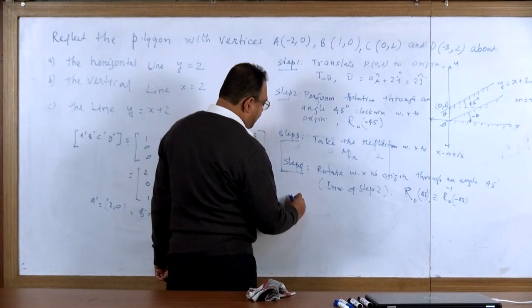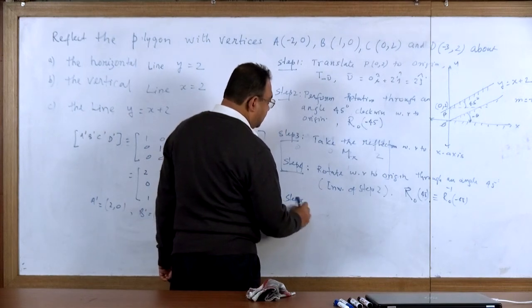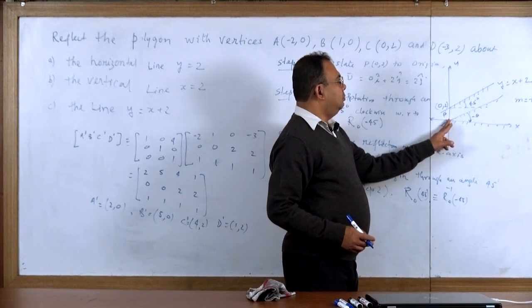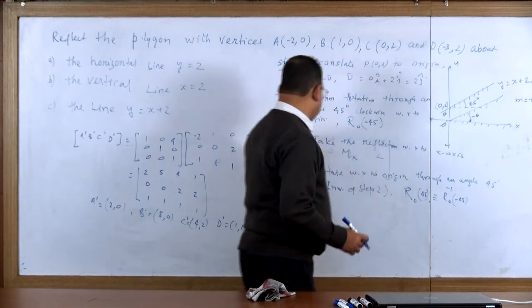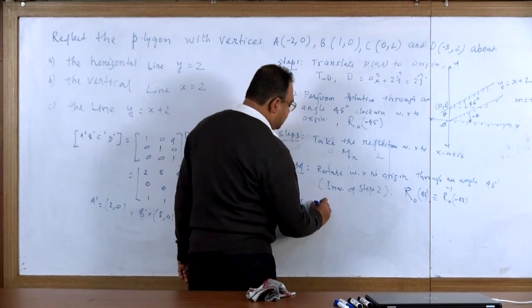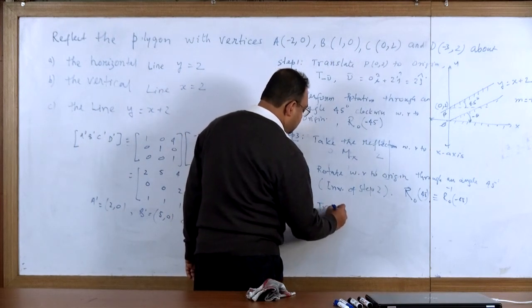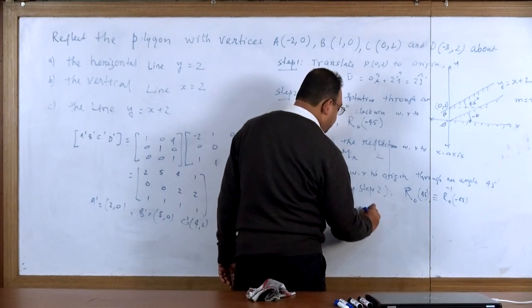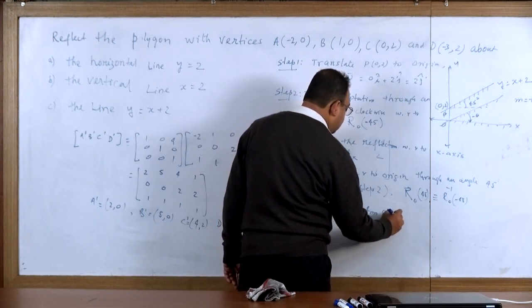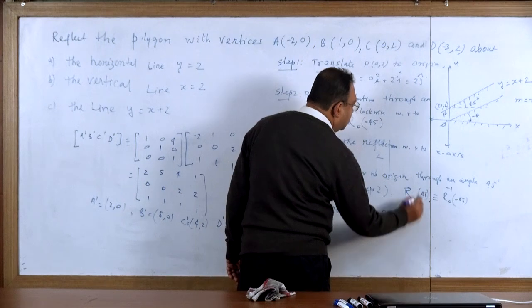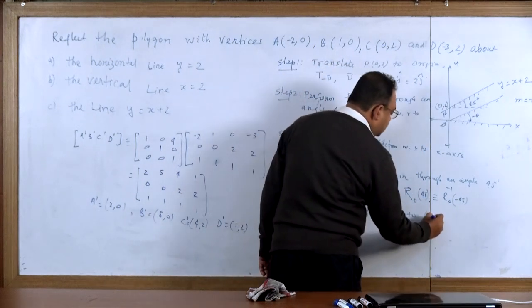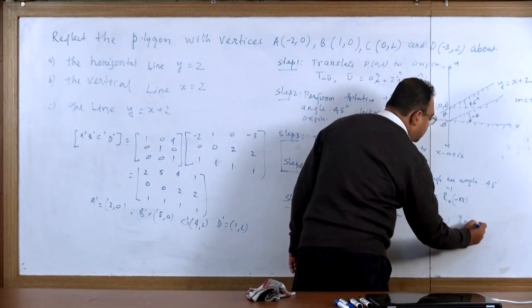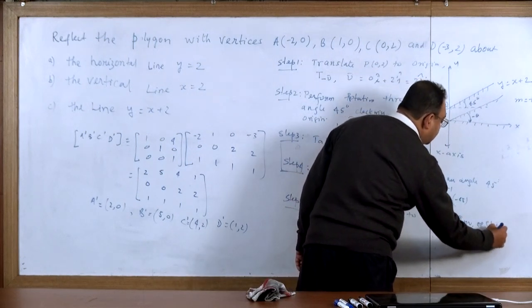And step 5, then we have to translate back from origin to 0, 2. So translate P from origin to that point, that is 0, 2. This is the inverse of step 1.